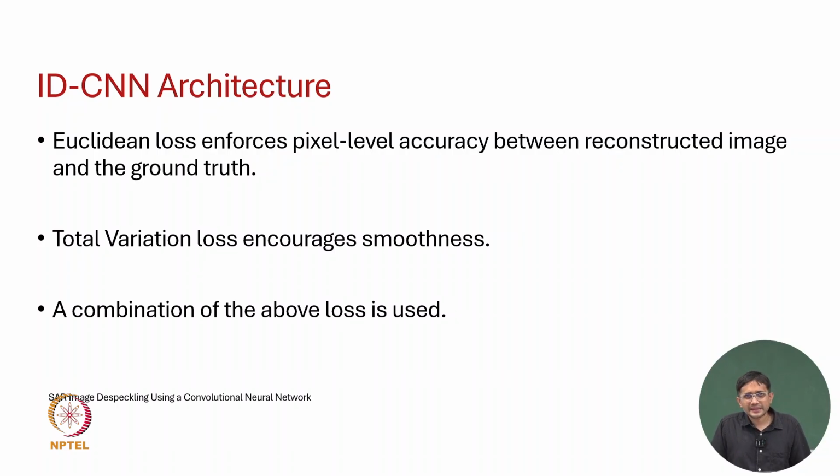So the first one is because what we are doing is a regression task. To account for that, the first loss. Why are we using the second loss? Let us talk a bit about that for a while.